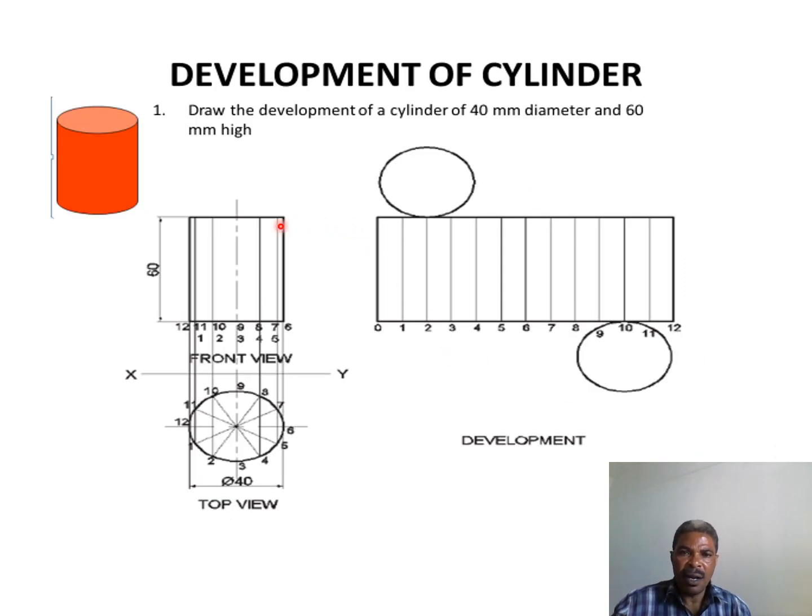And now let's see the development of a cylindrical body. You are told to draw the development of a cylinder of 40 millimeters diameter and 60 millimeters high.